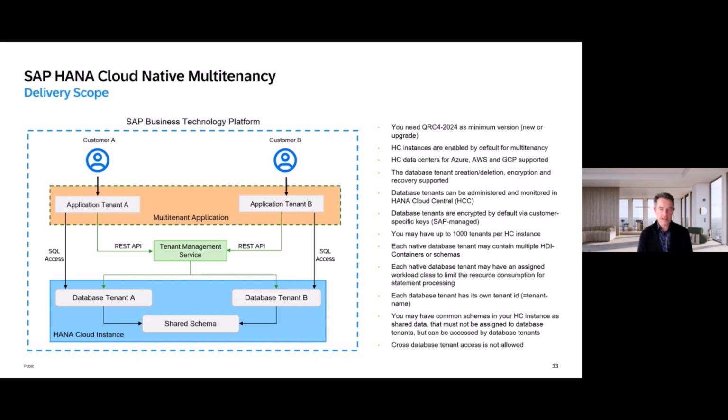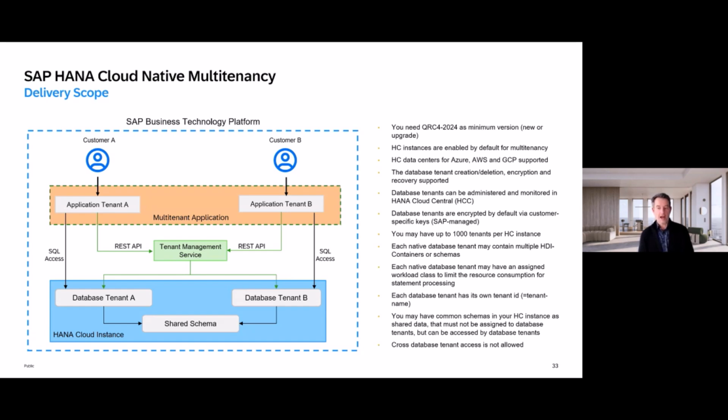You can create, delete, encrypt, and recover database tenants. So each single database tenant has these capabilities. And we will also provide an administration for database tenants in the HANA Cloud Central tooling. As said, database tenants are encrypted by default with a customer-specific and SAP managed key.